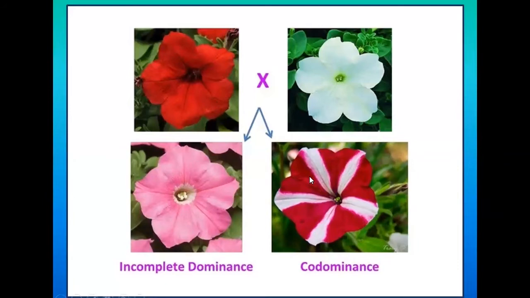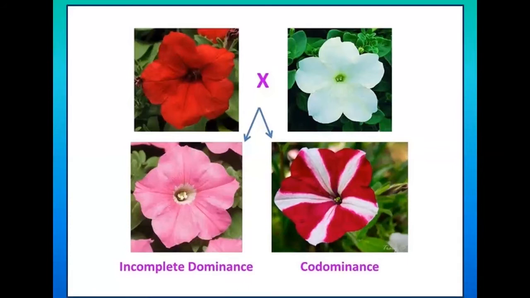Now, another question that we can use in order for us to clearly understand the difference between the two is, what effect do parental alleles bring to the offspring to produce a different kind of phenotype? For incomplete dominance, the effect brought by parental alleles is intermediate.